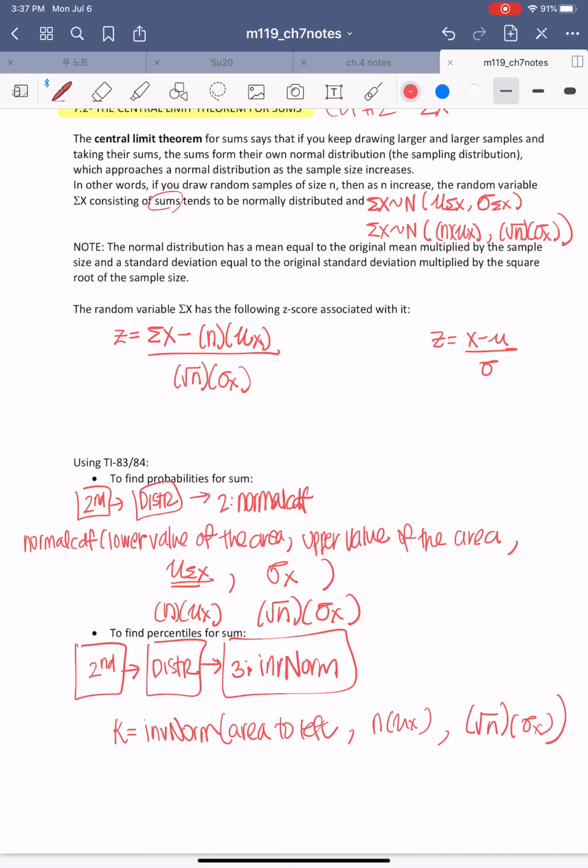Okay. Again, please refer to chapter 6 on how to use a calculator. I'll write down what you need to enter, but for putting it into the calculator, you can go back to the chapter 6 videos.